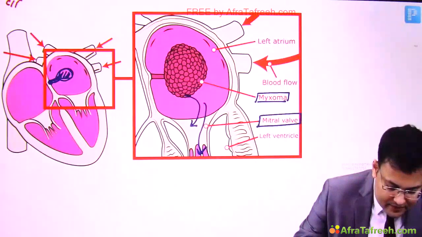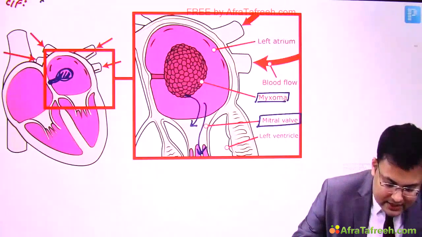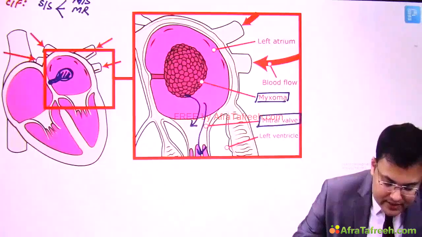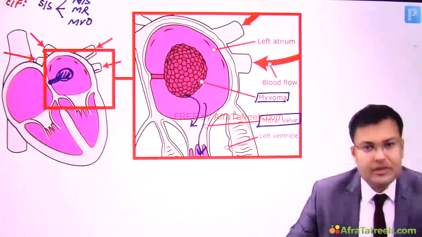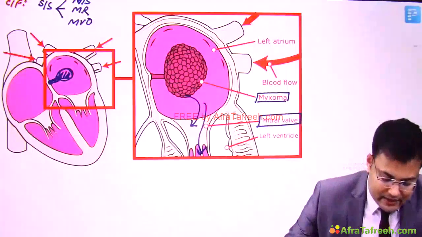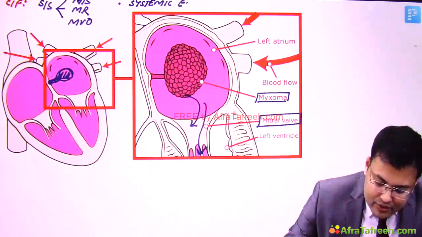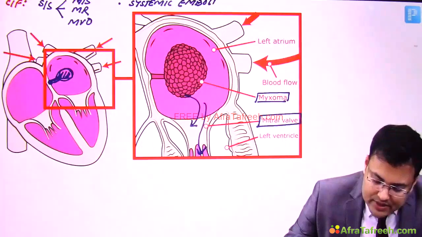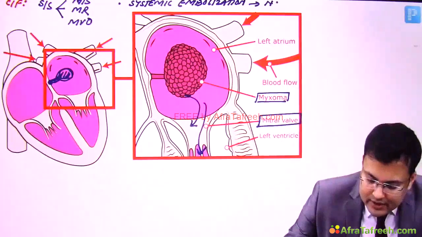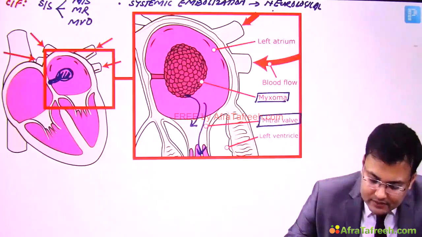Clinical features: signs and symptoms of mitral stenosis, mitral regurgitation, mitral valve obstruction. Second, systemic embolization, and because of this, certain patients have neurological deficit.